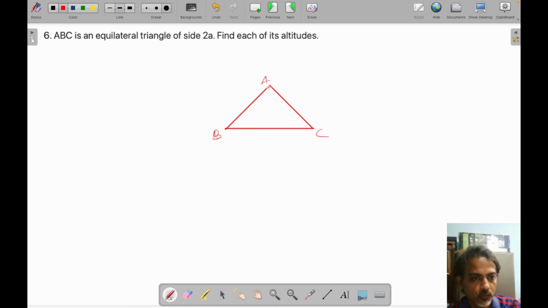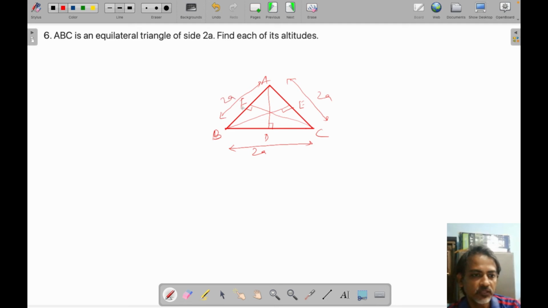There is an altitude dropped from here to here, here to here, and another one here to here. So these are altitudes, D, E, F. It's also given that this is 2A, this is also 2A, and this is also 2A.